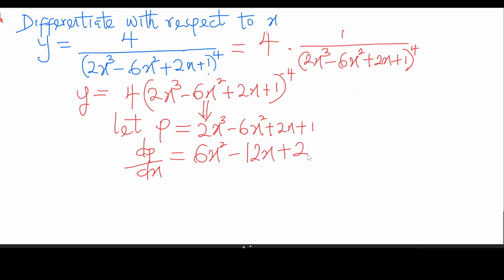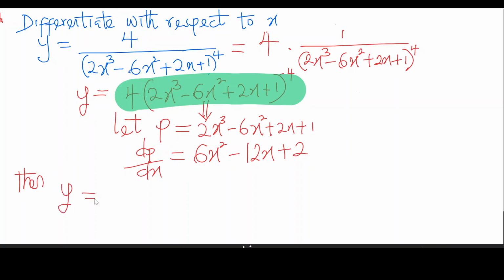Since we have gotten the dp/dx, we can now rewrite our question, which is y equal to the whole of this. We've rewritten our question already. So y would be equal to 4 multiplied by, don't forget, everything enclosed in the bracket has been represented as p.